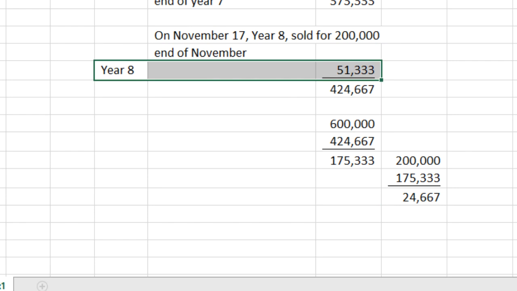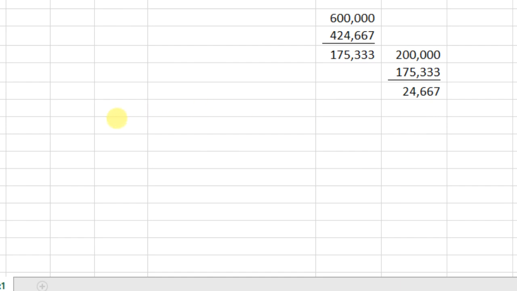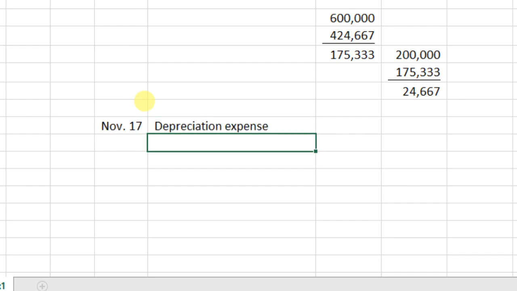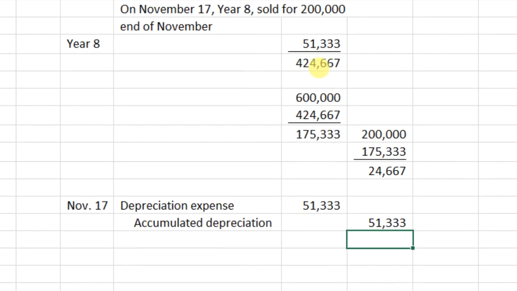You have to do a journal entry or it's not in your books. So the first journal entry always is to simply record depreciation up to the date of sale. So we go November 17, there's our depreciation expense, accumulated depreciation, and there's our journal entry. Okay, great. Now accumulated depreciation truly is $424,667.